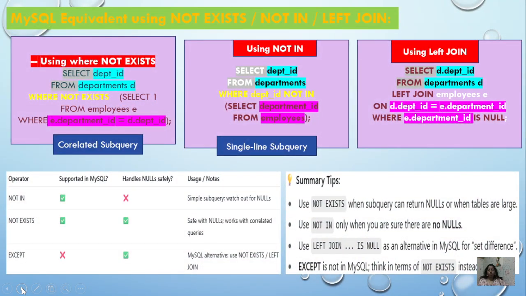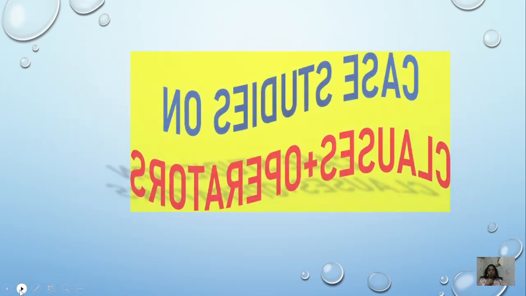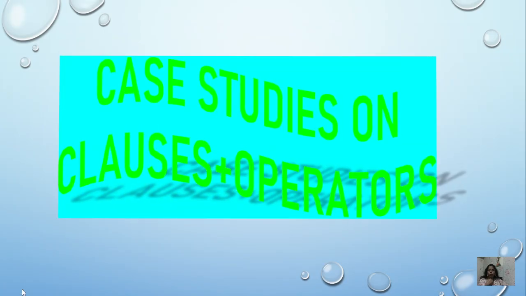Whenever we use join and correlated subquery, just give the table notation using alias. This time we should not forget, we should keep that in our mind. And then 2 case studies, it was a bonus for you people.